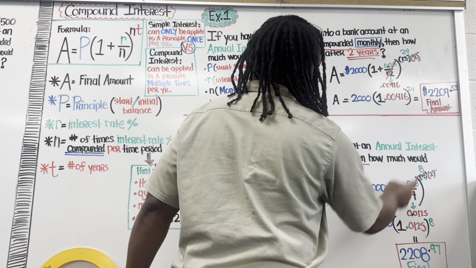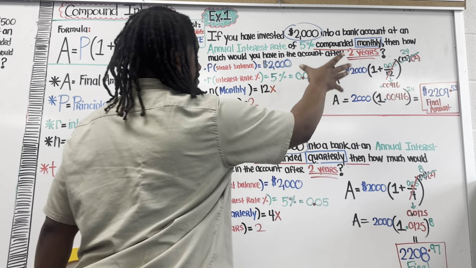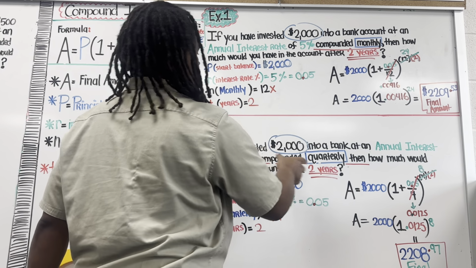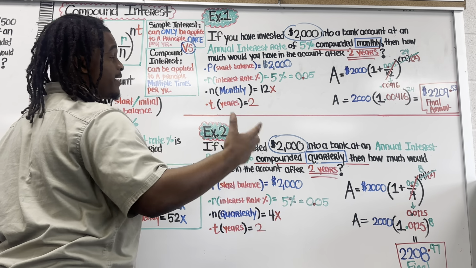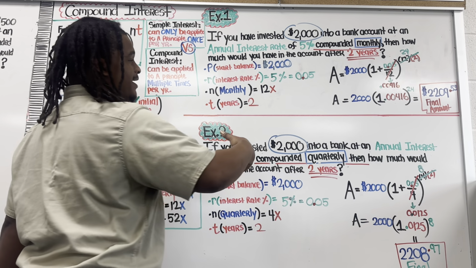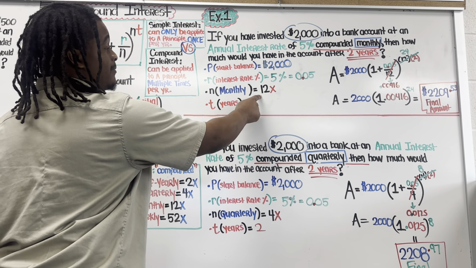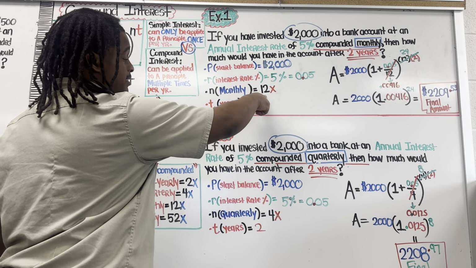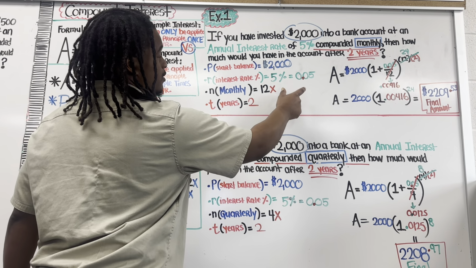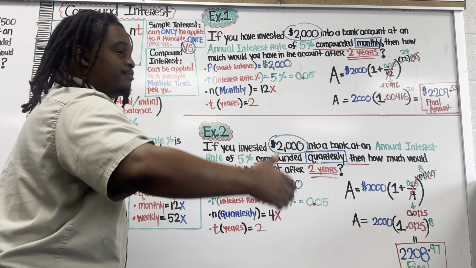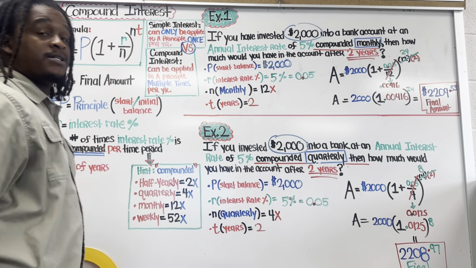Even though the amounts are very, very close, this amount is a little bit higher because with the same amount and the same interest, if it's compounded more often, then that amount will be higher, okay? Because this situation was compounded 12 times in a year versus this only being compounded 4 times in a year, this was gonna draw more interest because more interest is hitting the account more often than this particular situation, okay?